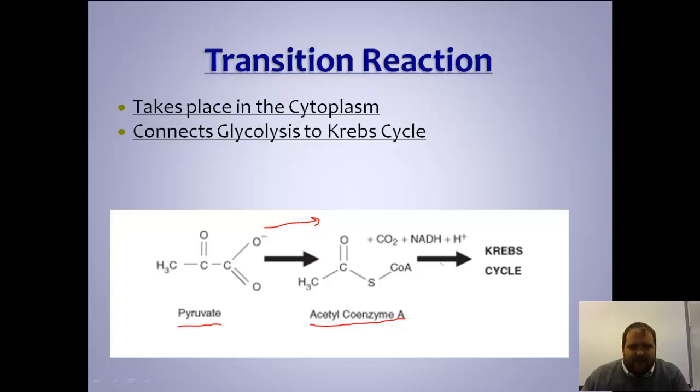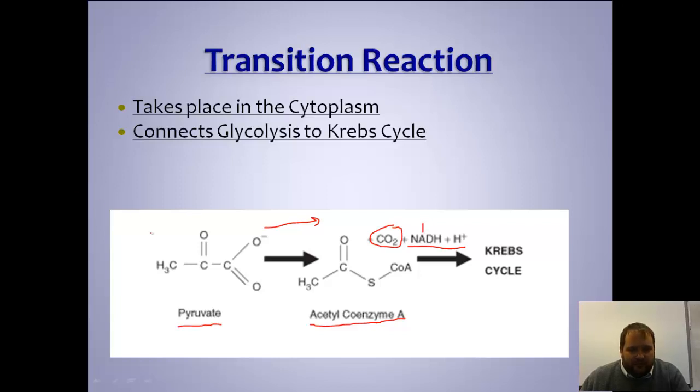And when that happens, we make a little carbon dioxide. So there's a little carbon dioxide given off as waste. We also make 1 NADH. So we make 1 of these energy carrier molecules.